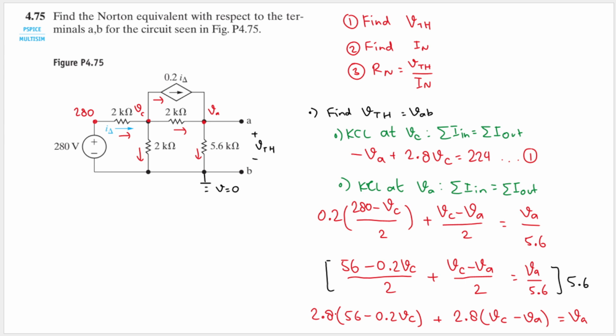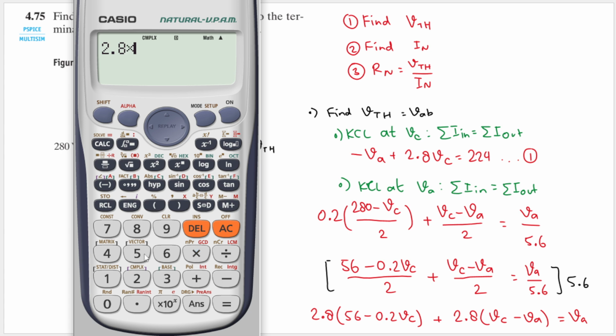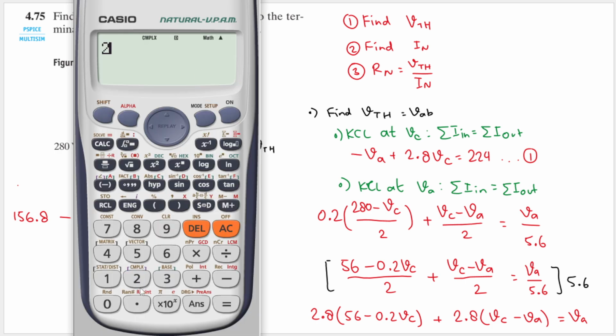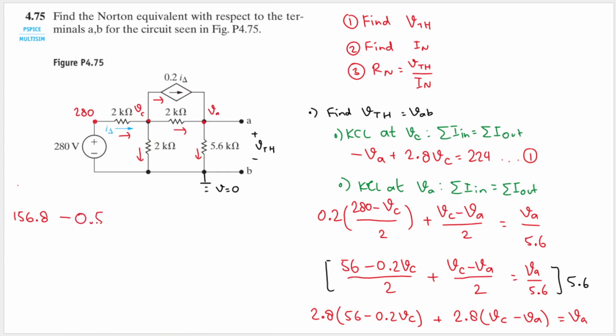Good. Now let's again distribute all things. 2.8 multiplied by 56 is 156.8, and then minus 2.8 multiplied by 0.2, which is 0.56 VC, and we will have plus 2.8 VC, and then we will have minus 2.8 VA, and let's move this VA to the left hand side, so we will have minus VA, and all of that will equal to 0.